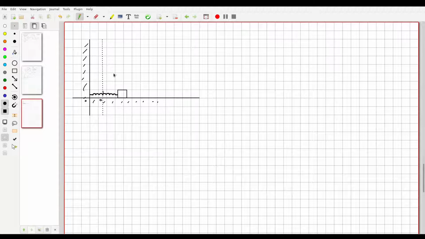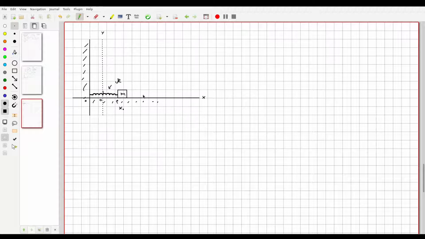So this we would call 0. This would be y. We'll say this is x. Here's our mass. Now our spring has a spring constant of k. We've stretched this thing to x naught. And we solved this problem a gajillion times.